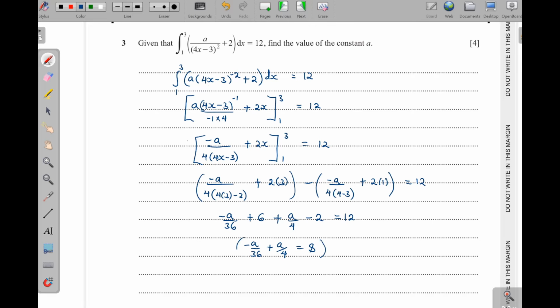Now I can multiply all through by 36 because 4 can go into the 36. So this one is over 1. Here we shall have negative a, then plus 4 goes into 36 9 times. Not so? So we shall have 9a, and then this side 8 times 36.